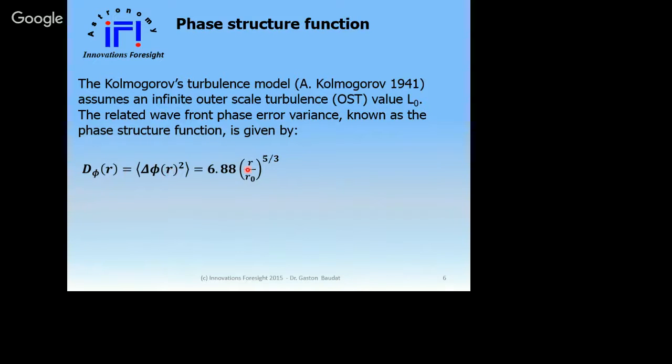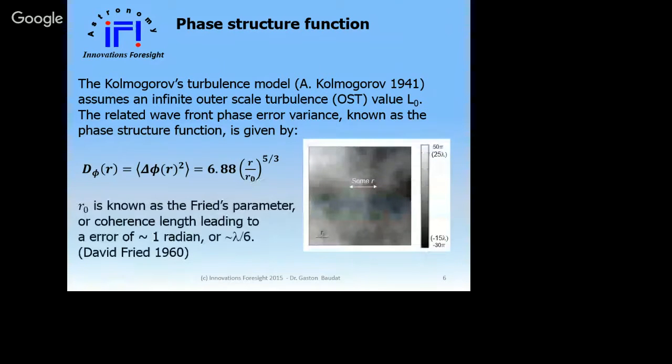The variation of the phase is a function of the ratio r, the distance between 2 points of the wavefront, over some r0. And this r0 is known as the Fried parameter.